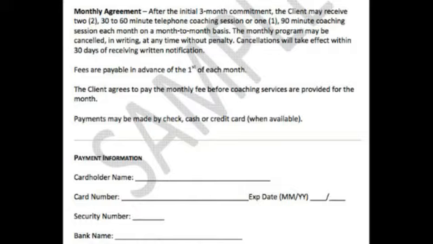You want to have a bunch of waivers and things, how you don't guarantee results, how this is not therapy, and that you're not responsible for damages to their business. You want to have a bunch of lawyerly things.